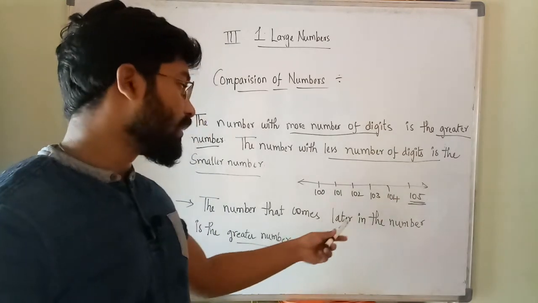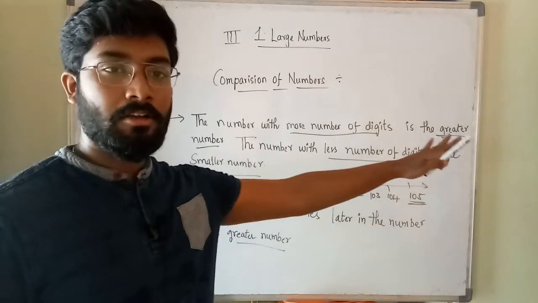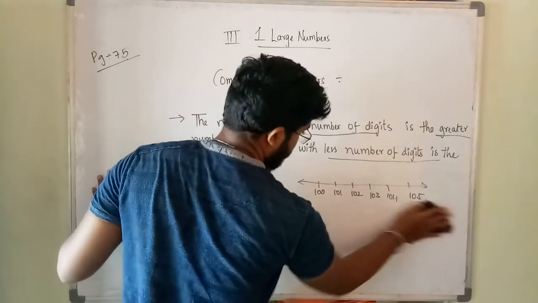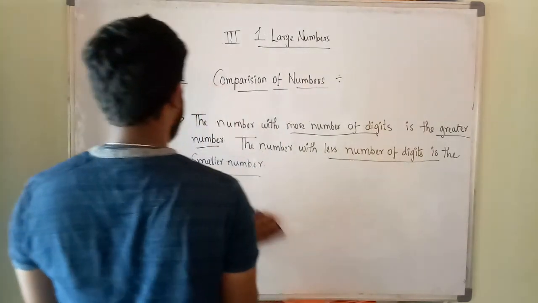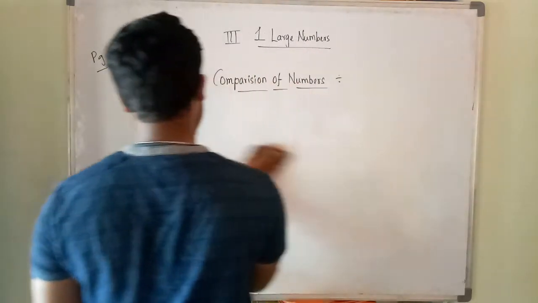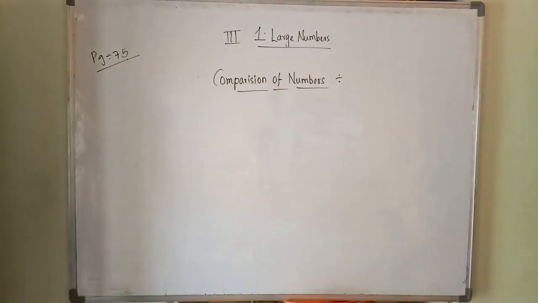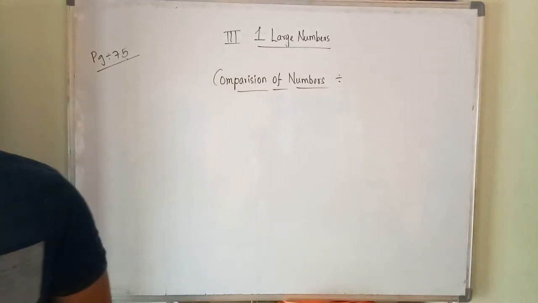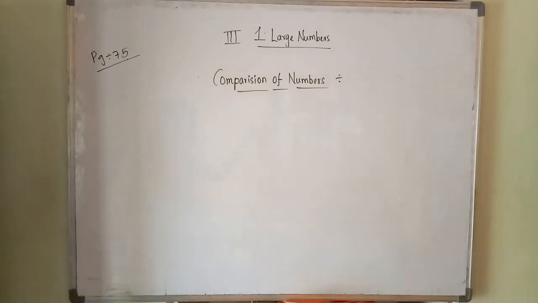Because it is in the latter section of the number line. Okay, so like this you have to understand the statements. So one more statement is there. What is that one more statement? Just a minute.